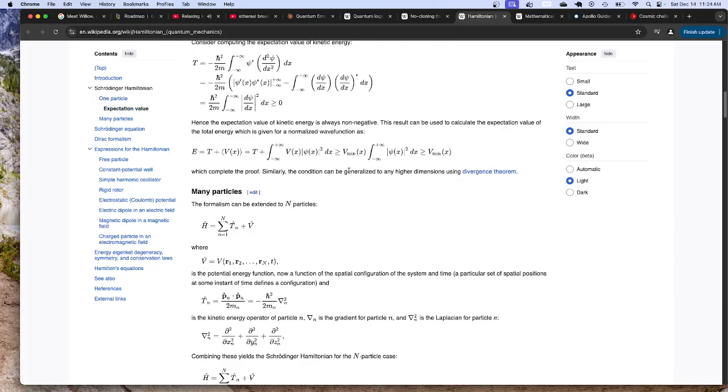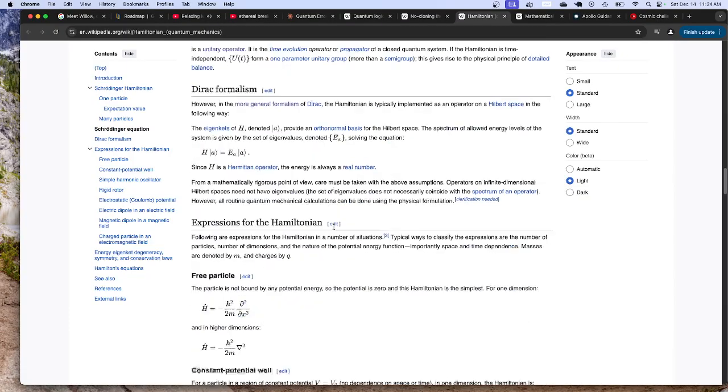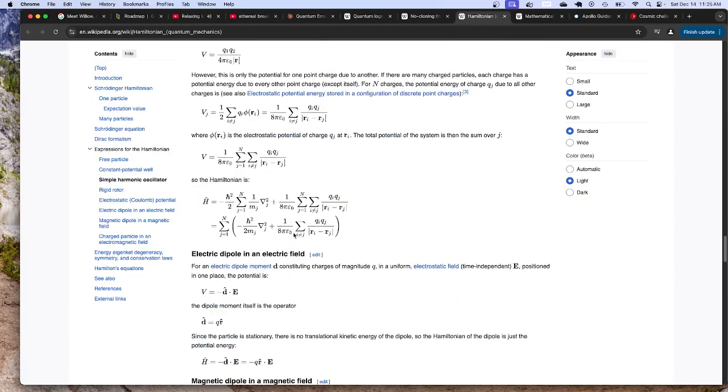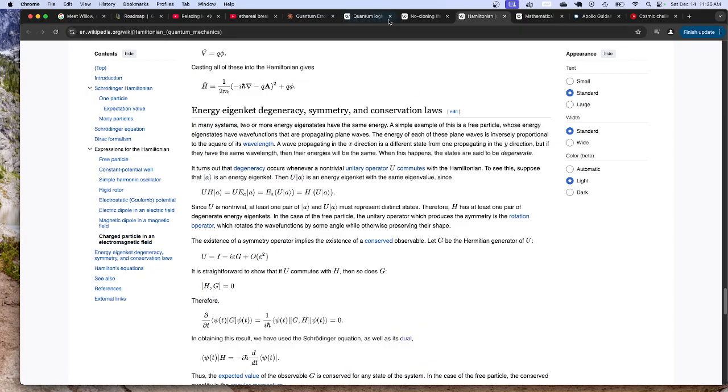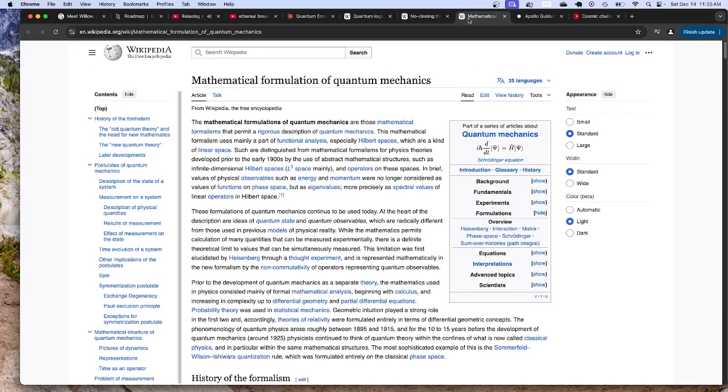Okay. I'm going to say that makes sense. Control the Hamiltonian of the combined system. That's the time evolution operator.